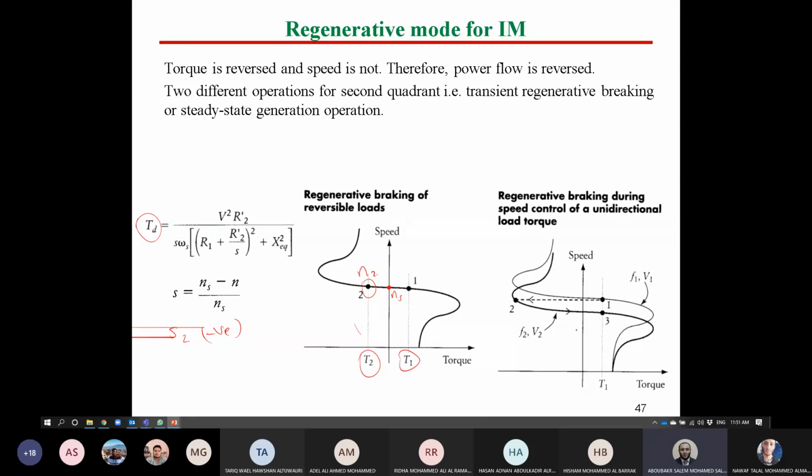In speed control, let's discuss together one of the techniques for speed control using V over F, for instance. At a certain operating condition, you would like to control the speed to move from point 1 to point 3.